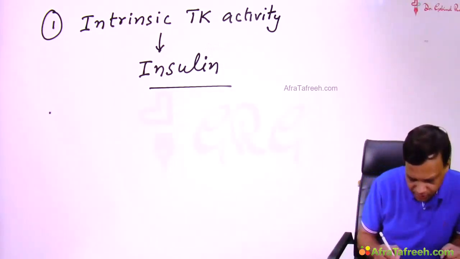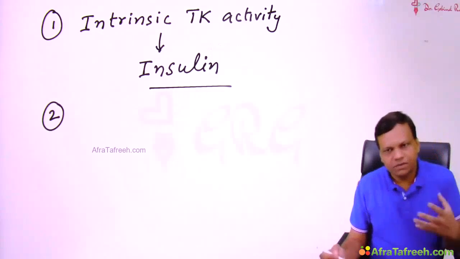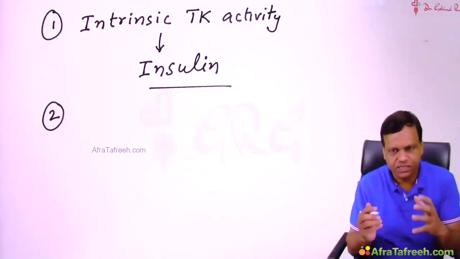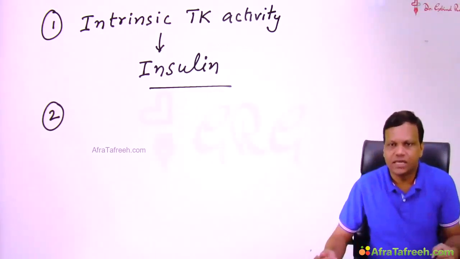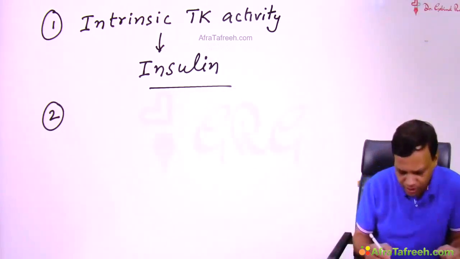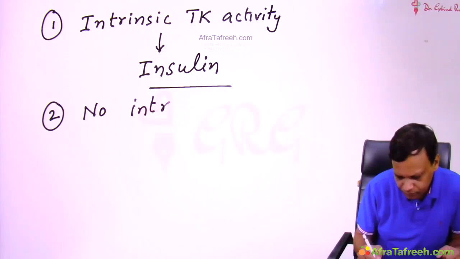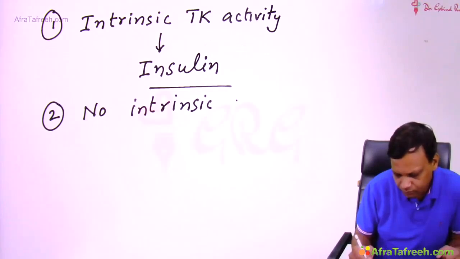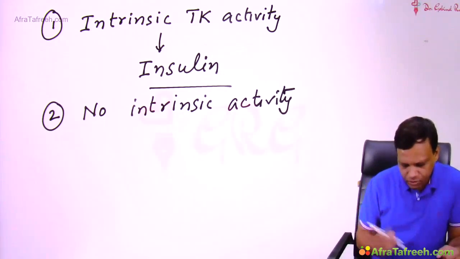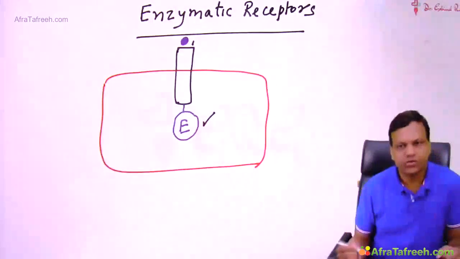But on the other hand, there may be some enzymatic receptors which do not possess the enzymatic activity themselves. No intrinsic tyrosine kinase activity. Means these themselves do not contain the enzyme on the intracellular end.